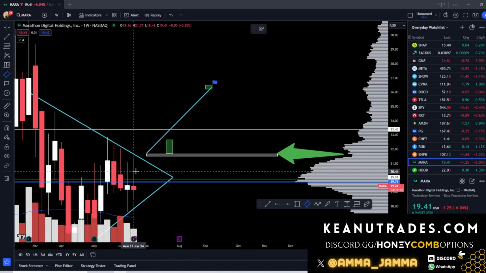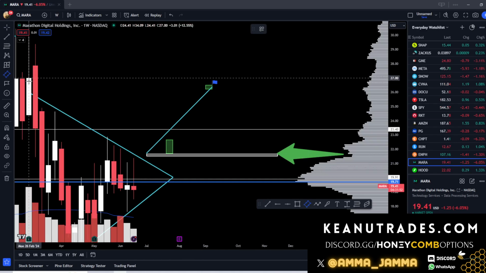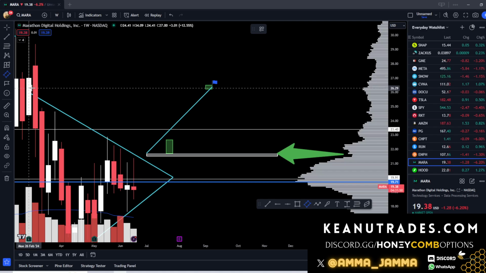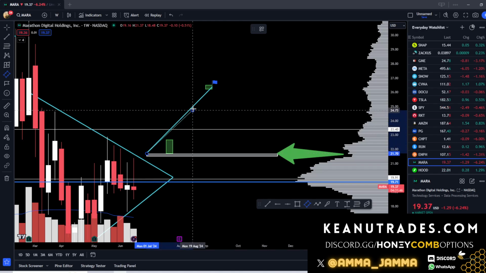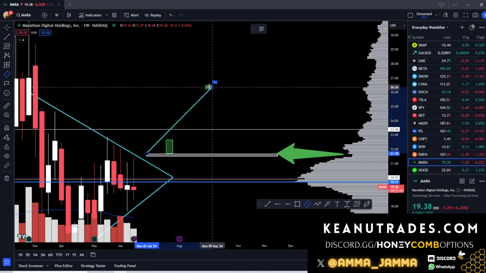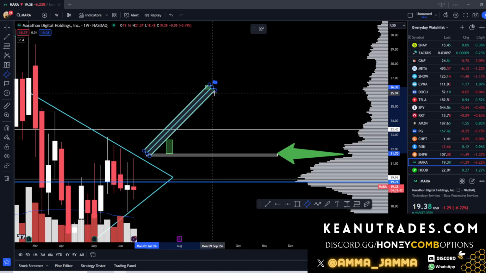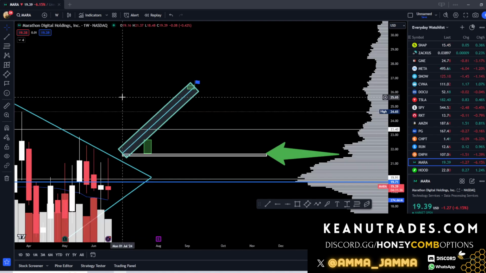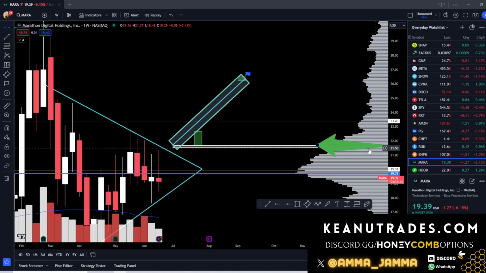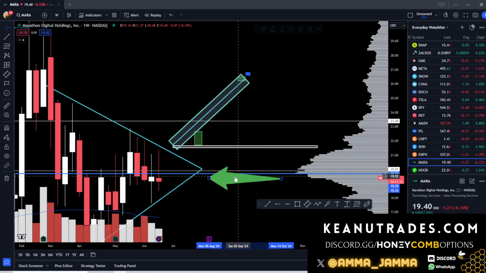I would suggest you start doing this with your chart. If my target's $25 and I've got a September contract, make a little line from the entry to the point and then open it up a little bit like that. This is about the math, the probability ratios in your trade.